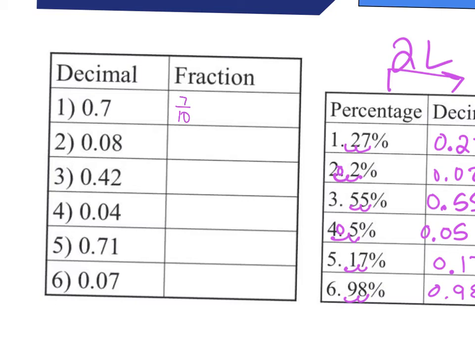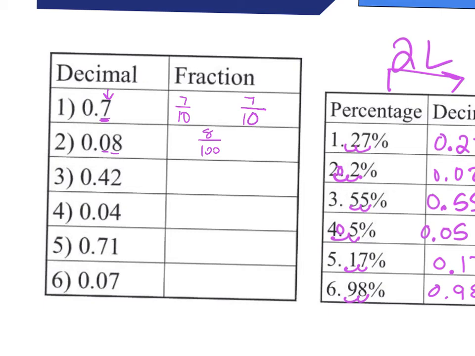But if I forgot the place value, then I would go, okay, it's 7, because that's what the value is, over 1 with, oh, there's only one place value, so it's 10. For number 2, 0.08, you could either read it like 8/100ths, or you think to yourself, oh, it's 8, because that's the value, with 2 place values, therefore 2 zeros, 8/100ths.